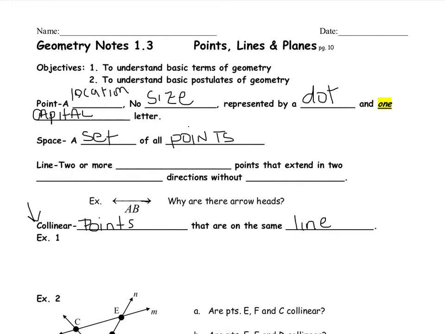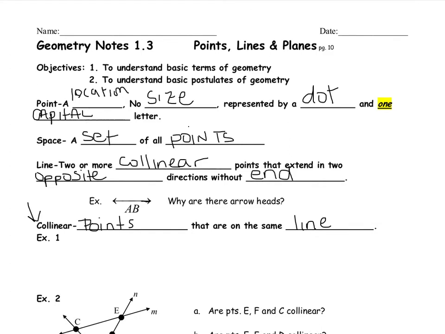So when we do a line, we have two or more collinear points that extend in two opposite directions without ever ending. They go on and on and on and never stop.